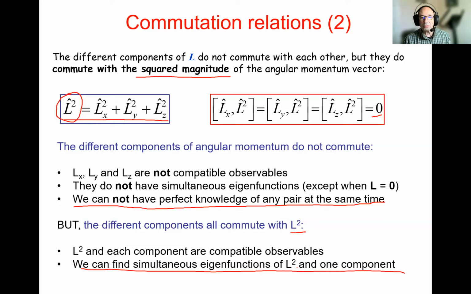In order to do that, we need to introduce operators, check whether these operators commute, find out which of these operators commute between themselves, and therefore may have a common set of eigenfunctions or simultaneous eigenfunctions. So this is the logic of this.